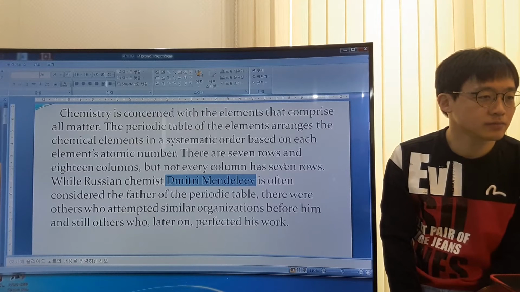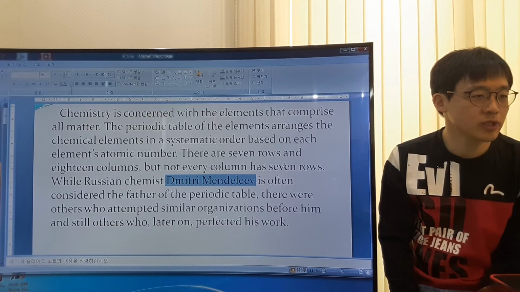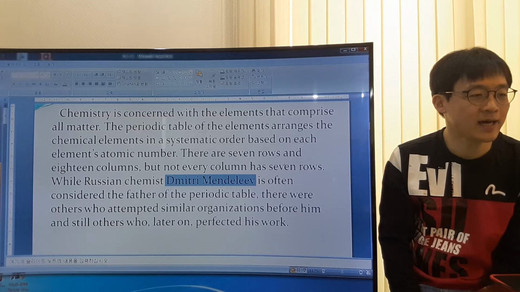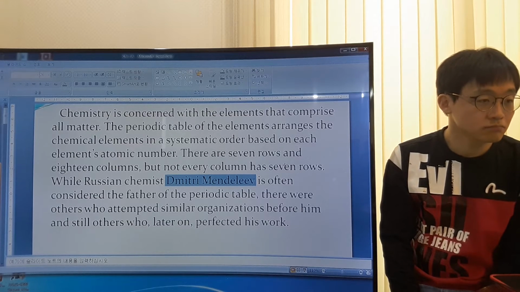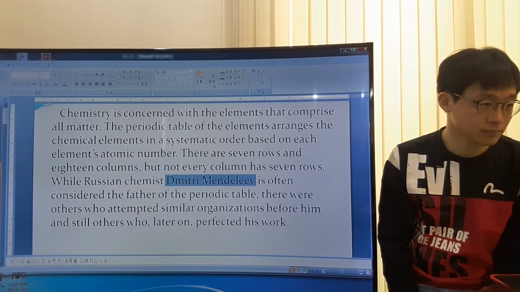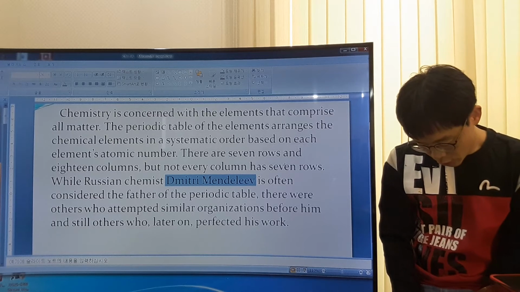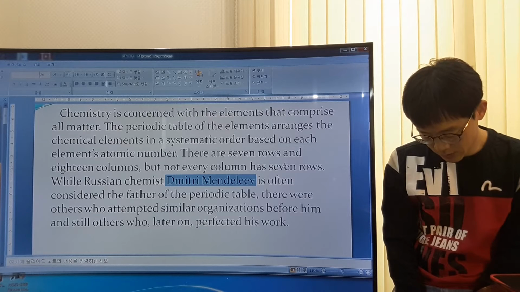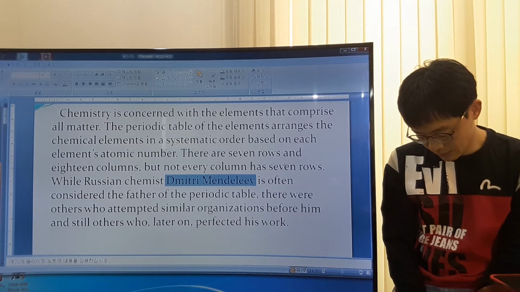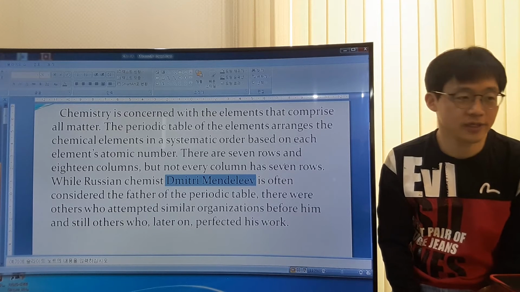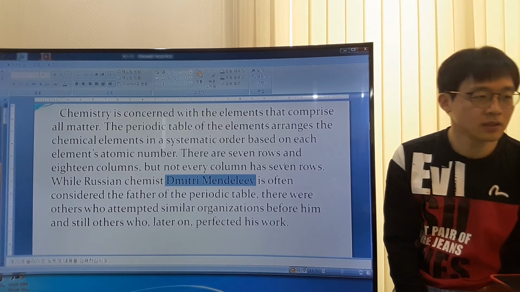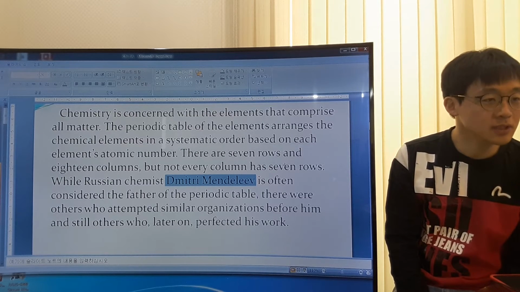This part is about what a periodic table is, right? And how it's structured, and who is to be credited for this periodic table. Do you understand?